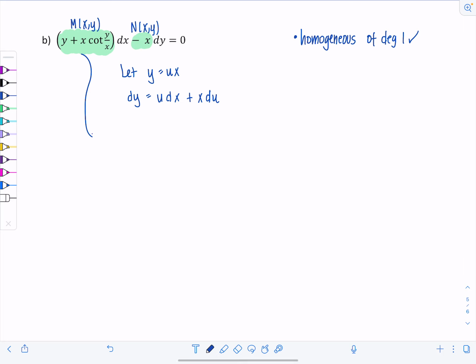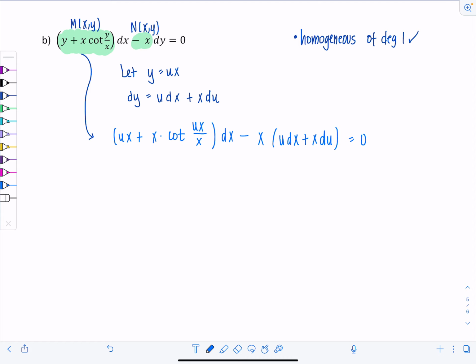So instead of y, remember, we're replacing that with ux plus, I have x times cotangent of ux over x dx minus x stays the same, and then instead of dy, we have u dx plus x du equals 0.